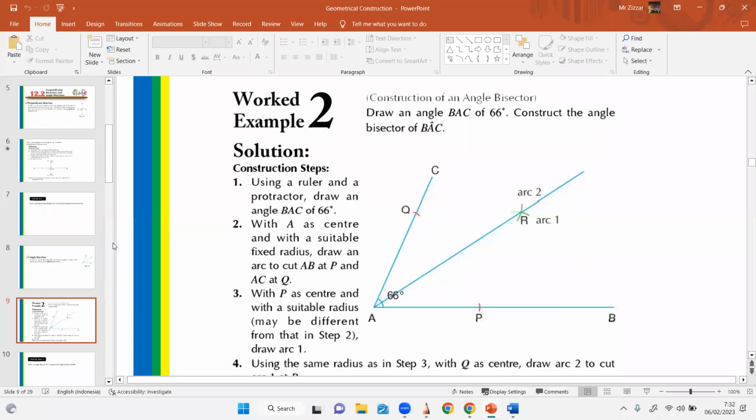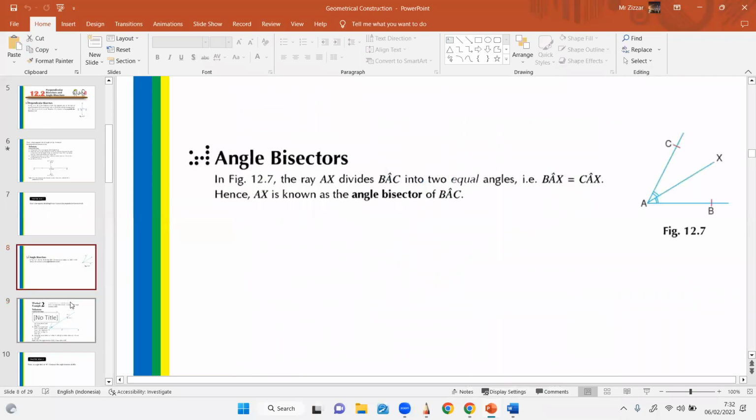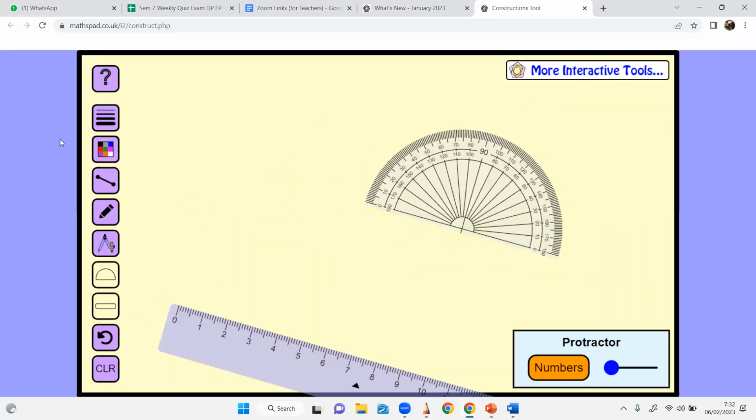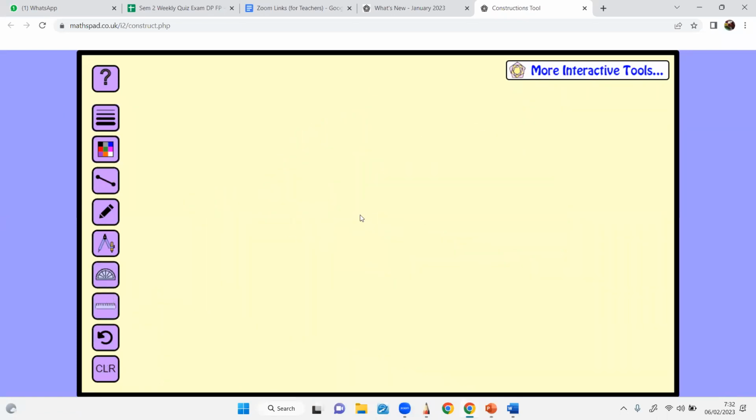Okay, now we're going to construct the angle bisector, guys. What is an angle bisector? An angle bisector is the line that divides an angle by 2. Let's see the working here. Let me refresh.